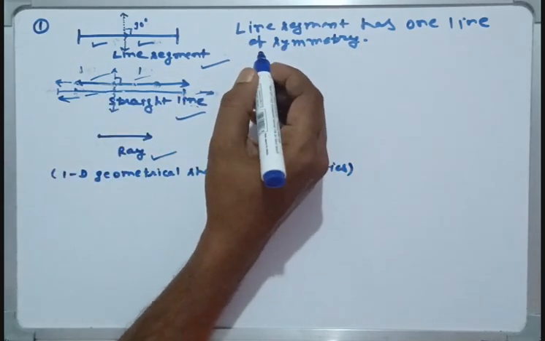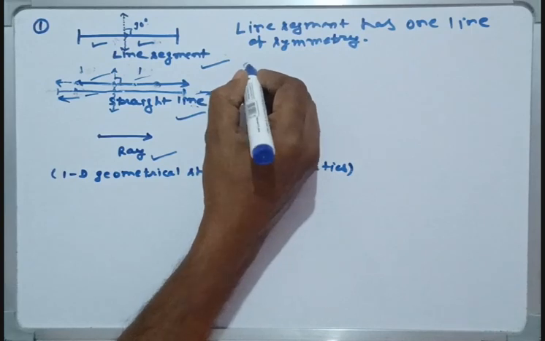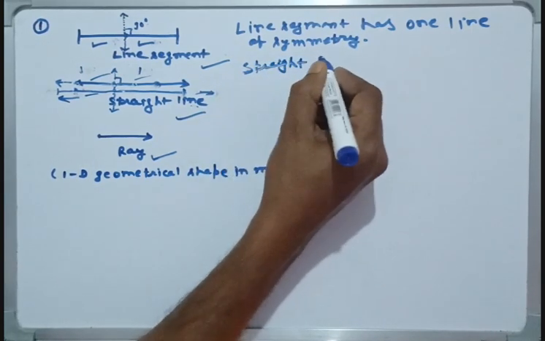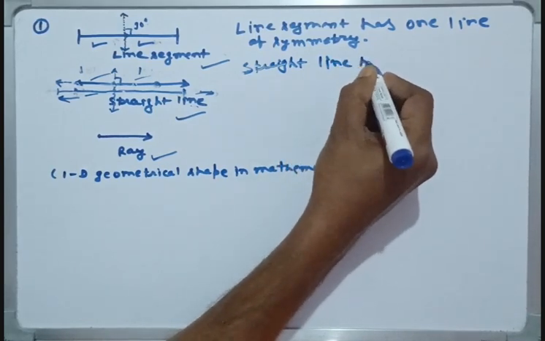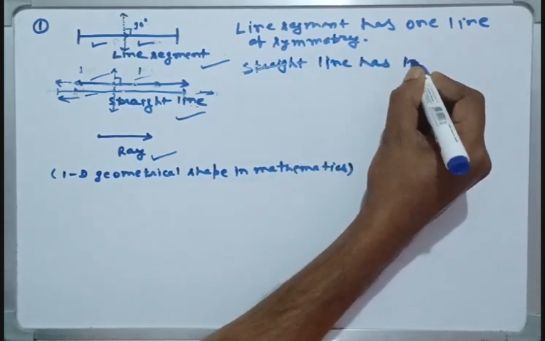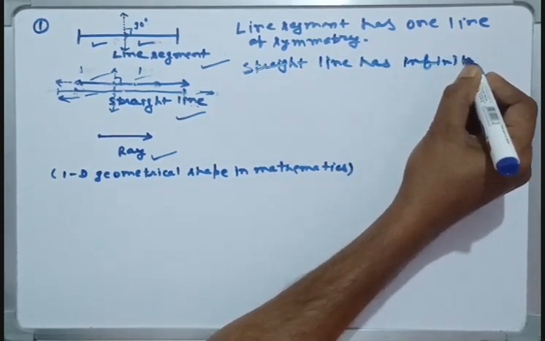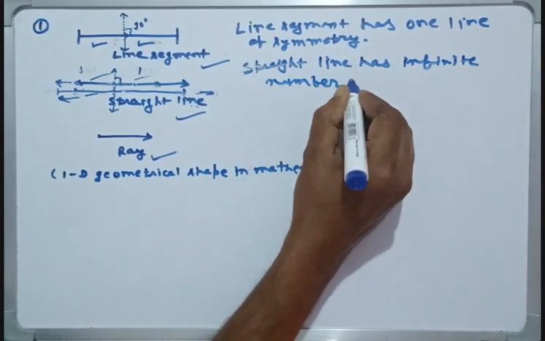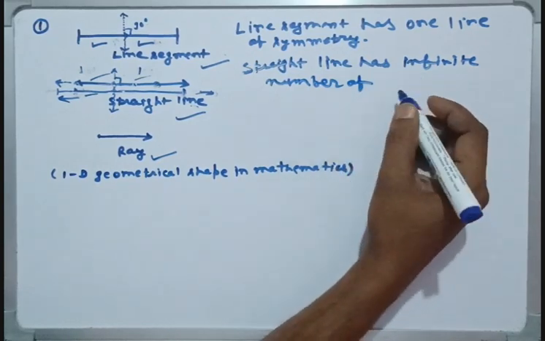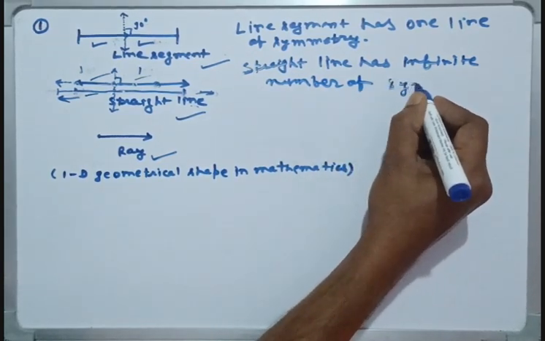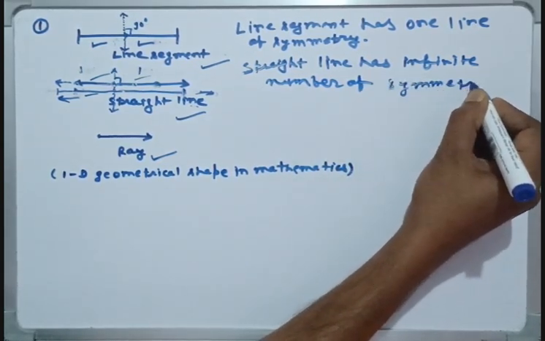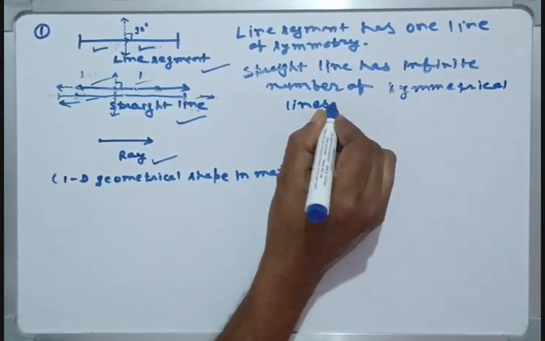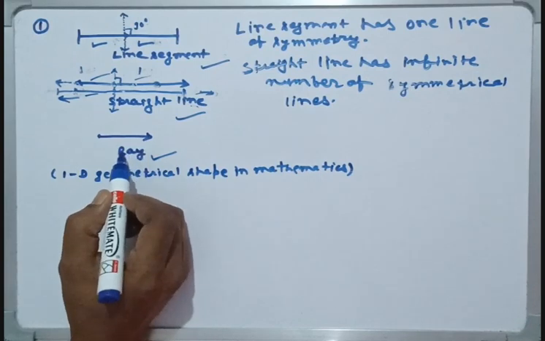Okay, so what we conclude here, a straight line has infinite number of symmetrical lines.